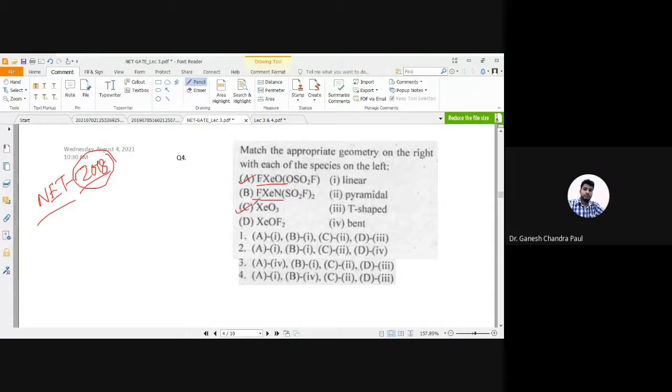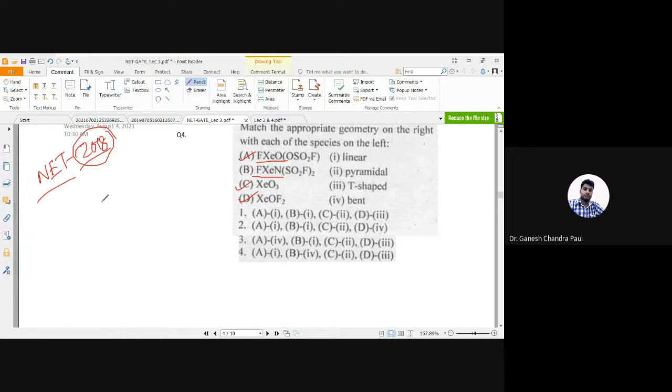the structure of xenon trioxide and xenon XeO2, right? It is very easy. So if you first try to draw the rough structure, xenon trioxide, you know, has a distorted tetrahedral structure, or you can say a pyramidal structure. Yes or no?